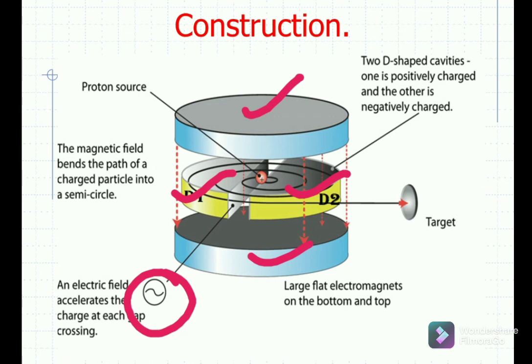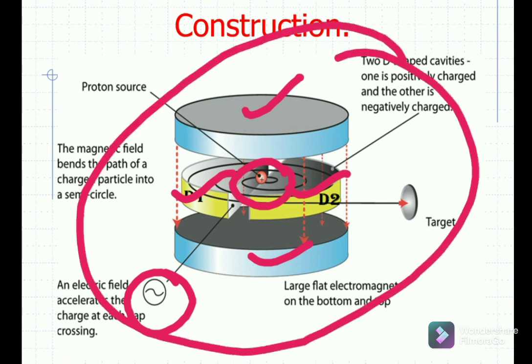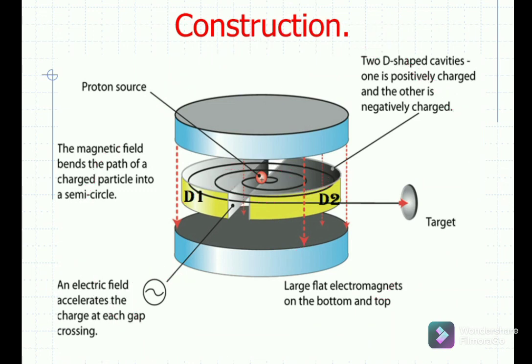In the gap between the two Ds, there is a source of positive ion to be accelerated. There is a negatively charged window in one of the Ds which will pull the positive charge to make it hit the target. The whole device is kept in high vacuum to prevent the collision of charged particles with air molecules. So it's all about the construction of a cyclotron.